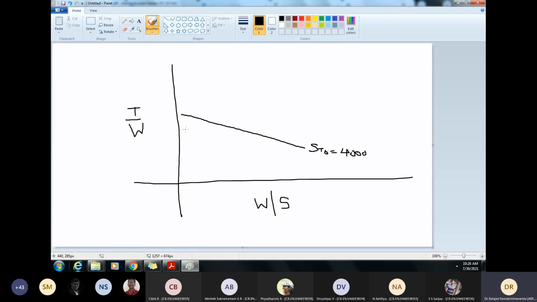Maybe this may be for S takeoff is 2,000. Something like that. So you can plot for various S takeoff.